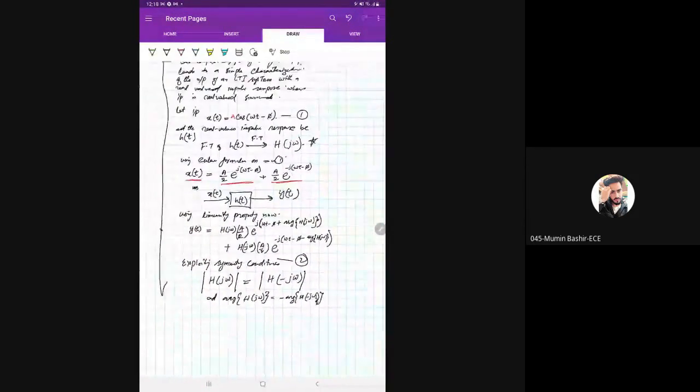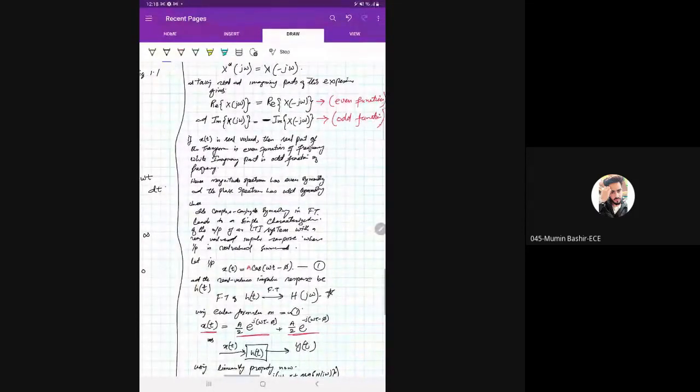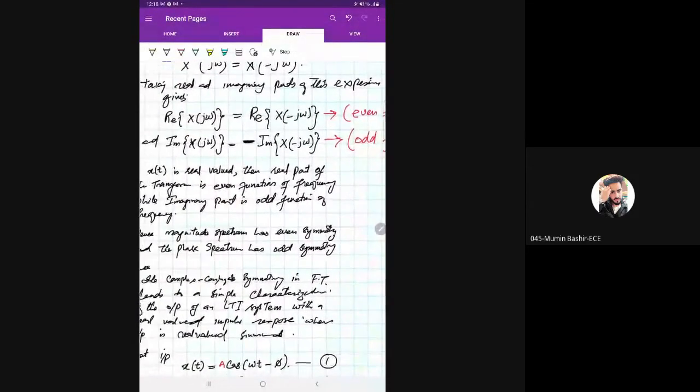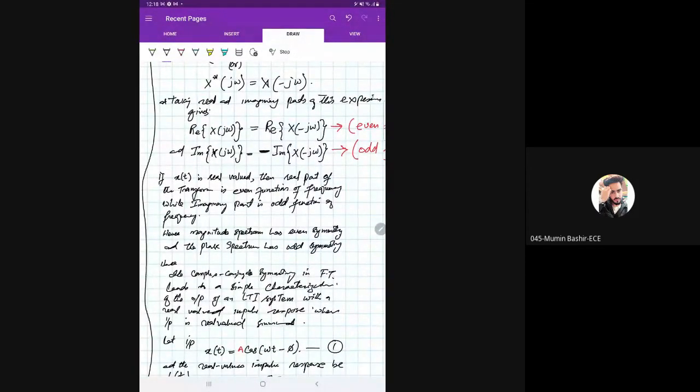We have already discussed that the magnitude spectrum has even symmetry. If we plot the magnitude of H of j omega, it will give us the magnitude spectrum, which has even symmetry. The angle that is present there, the argument of something, always gives us the phase spectrum.